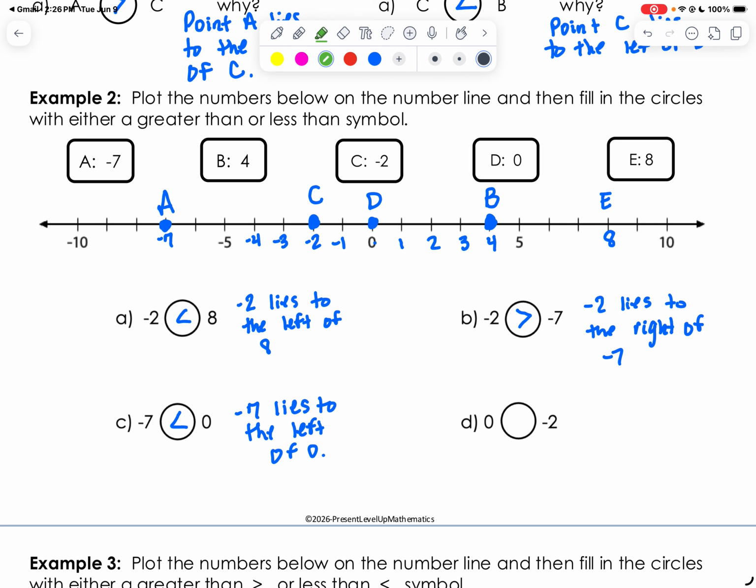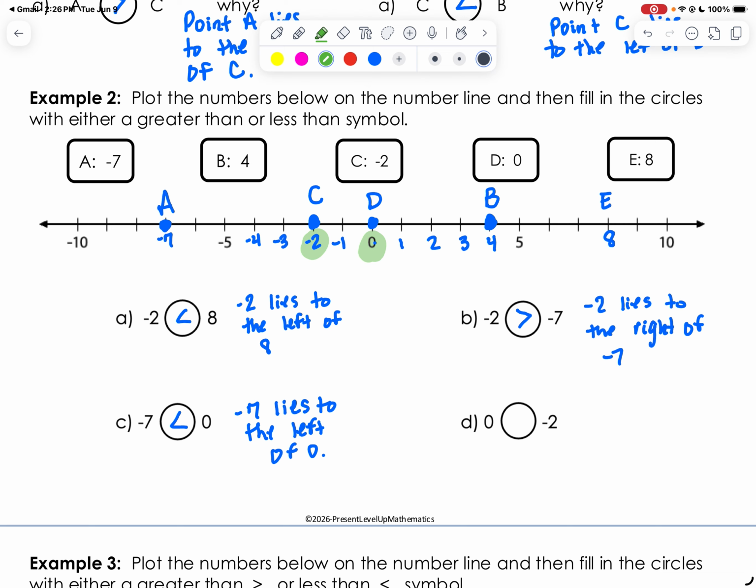All right, in problem D, we're going to compare 0 to -2. Pause the video and try this problem on your own. All right, welcome back. Let's see how you did. I'm comparing 0 to -2. Ask yourself, does 0 lie to the left of -2 or to the right?